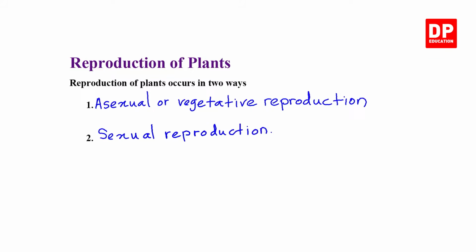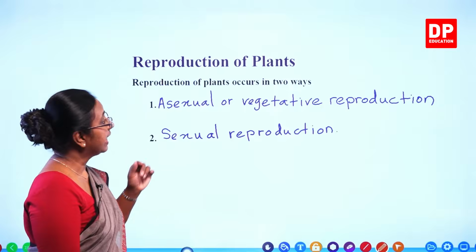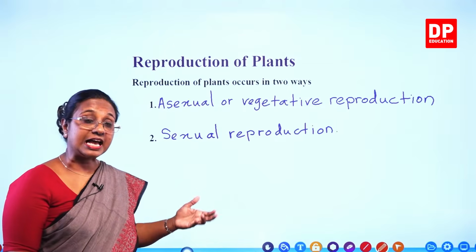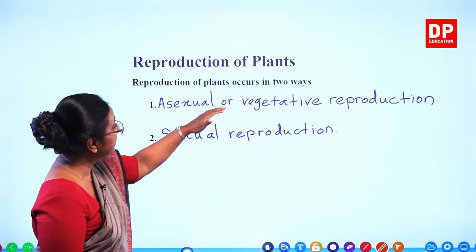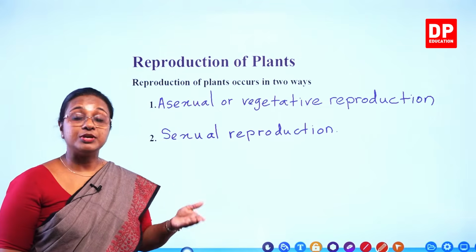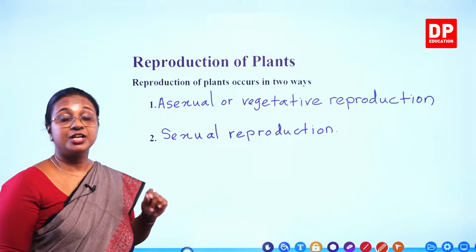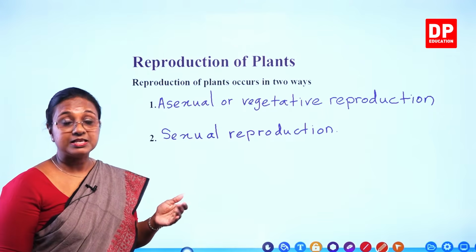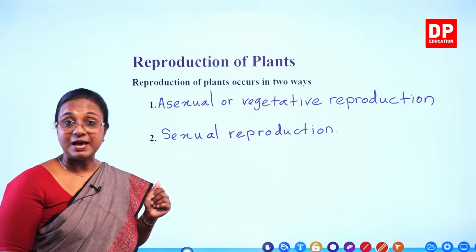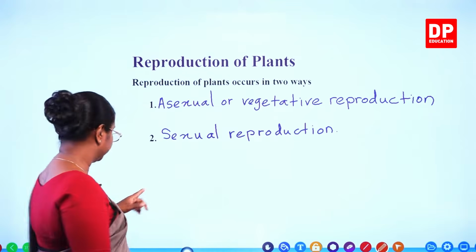So both methods are possible in plants. With that, we will move on to the next slide where we try to understand these two methods in more detail and also under vegetative reproduction. There are different methods. We will try to discuss them and understand them as well.